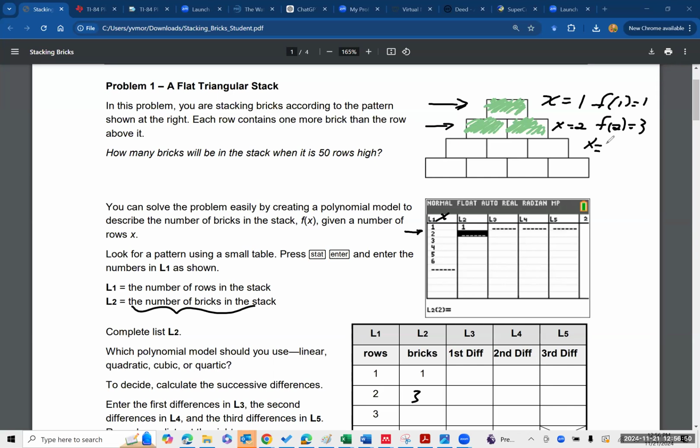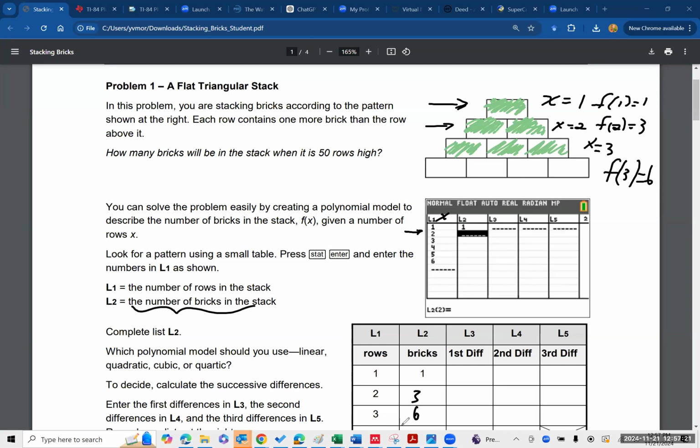Now, if you add a third row, or if you want to interpret it by saying there are 3 rows, then if you count all the bricks, that includes these plus the previous ones. I'm running out of space here, but the output is going to be 1, 2, 3, 4, 5, 6. So this is going to be 6.